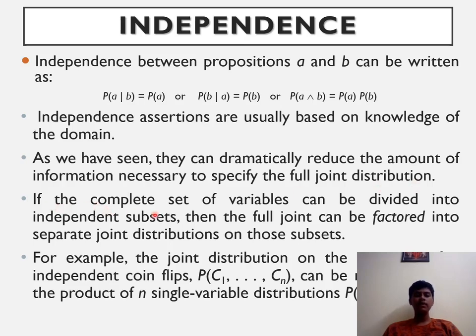If the complete set of variables can be divided into independent subsets, then the full joint can be factored into separate joint distributions on the subsets. For example, the full joint distribution on n independent coin flips can be written as the product of n single-variable distributions.